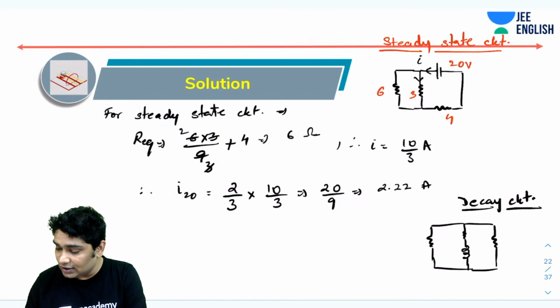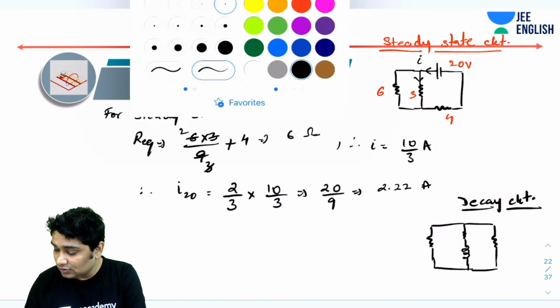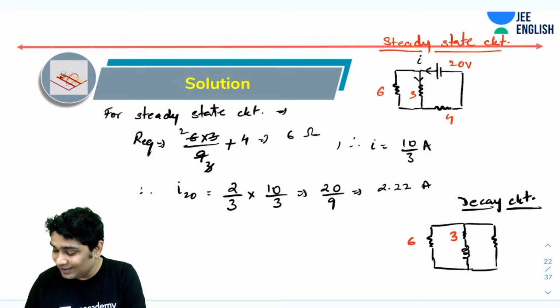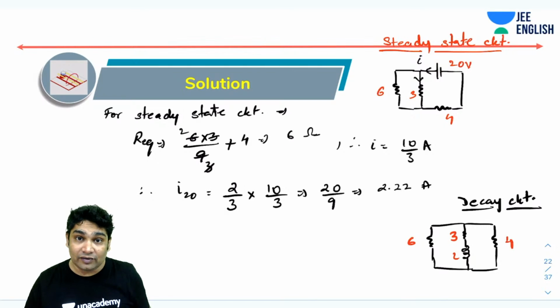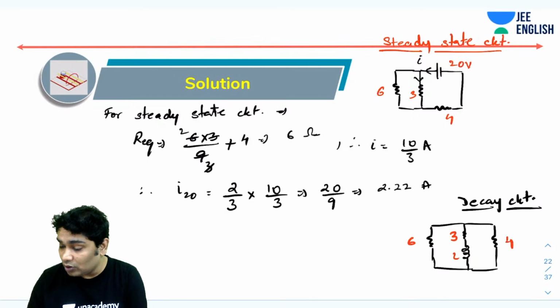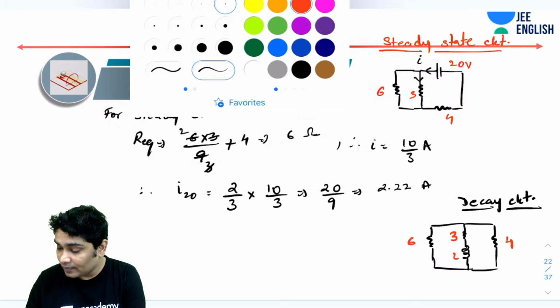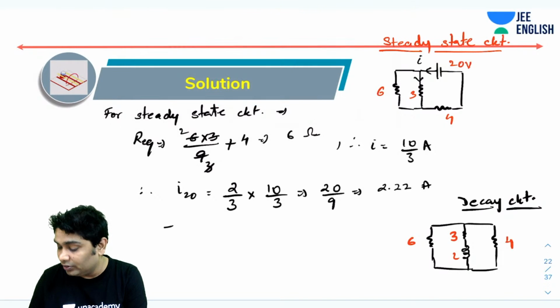So you would have had a 6 over here, 3 over here, this L over here, and 4 over here. So what is the R equivalent? You know the time constant here would have been tau equals L over R equivalent.